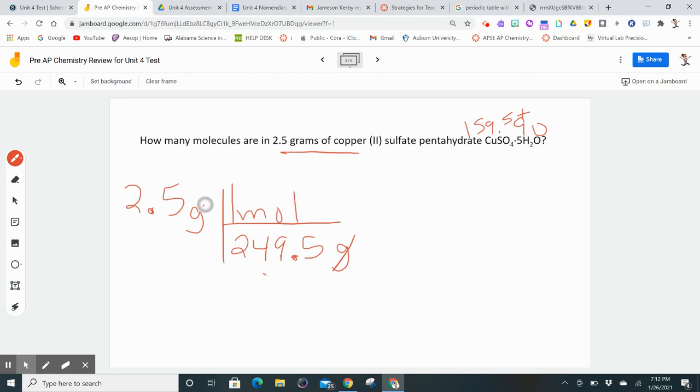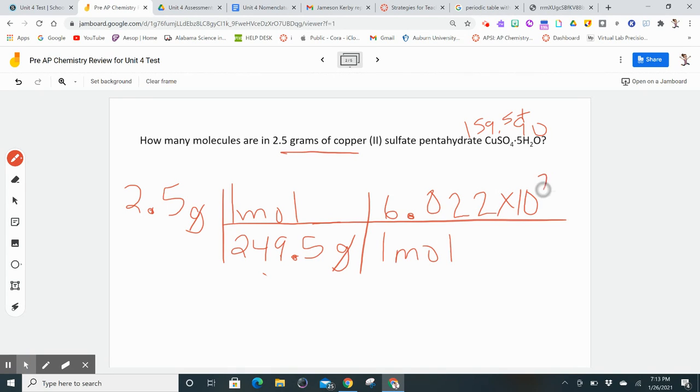Grams. Grams cancel out. But it asked me to find the number of molecules. So what I've got to do now is convert moles into molecules. And that's Avogadro's number. So if I have 1 mole of something, that is always equal to Avogadro's number of those things. Okay, so what I'm going to do is multiply across the top.